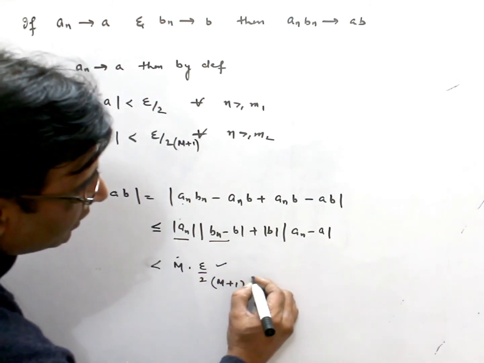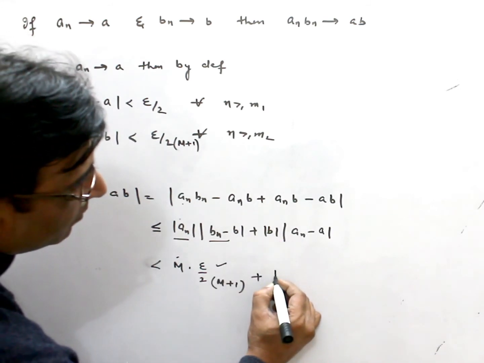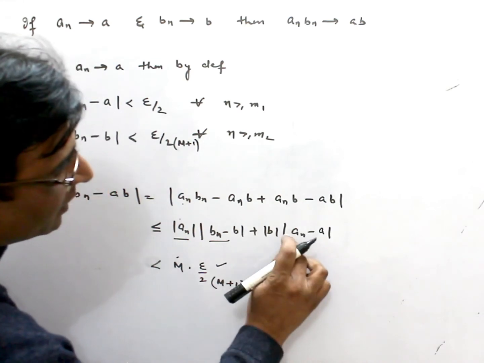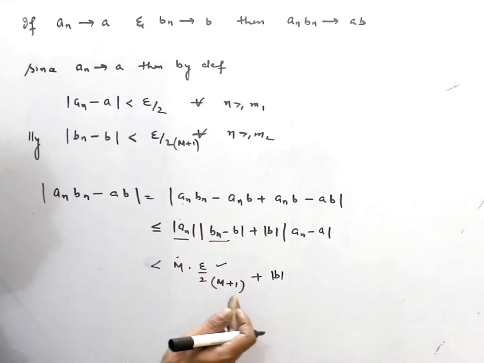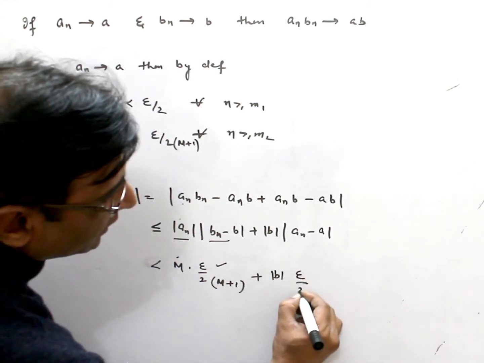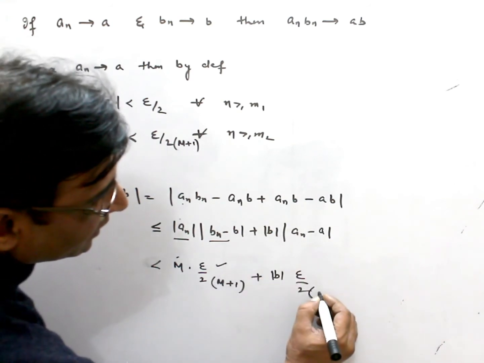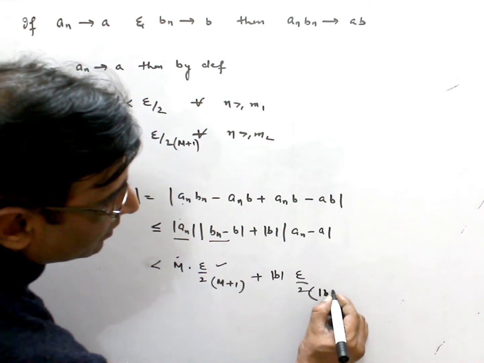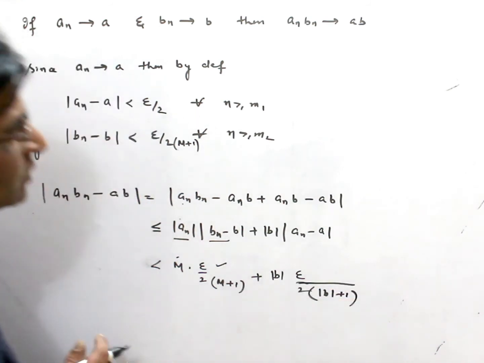Now we take this b: the modulus of b is some finite number. So this is epsilon by 2, and with the same argument I make it |b| plus 1. Still it is some positive number.